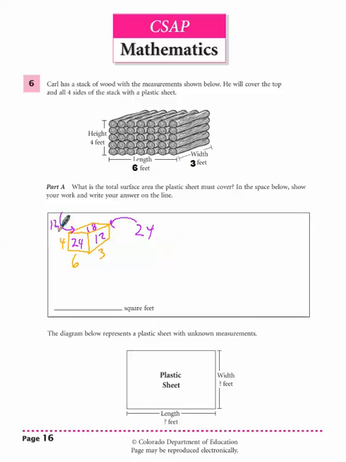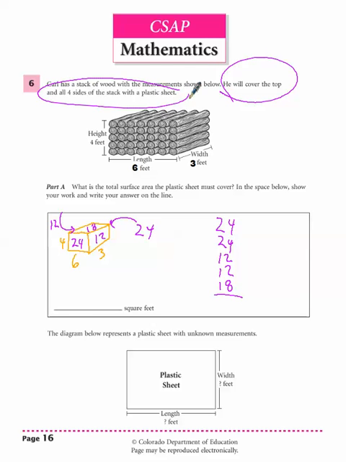And so let's add them all together, right? So I have 24 plus 24 plus 12 plus 12 and plus 18, because you know what? We are not going to move that wood pile to put a bottom on it, right? We know this because it says right here, he will cover the top and all 4 sides. Read the directions.